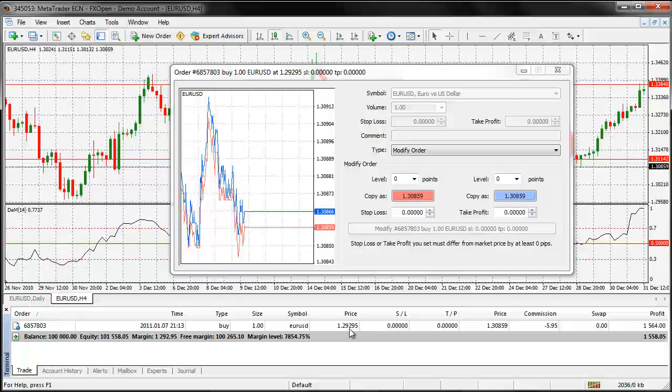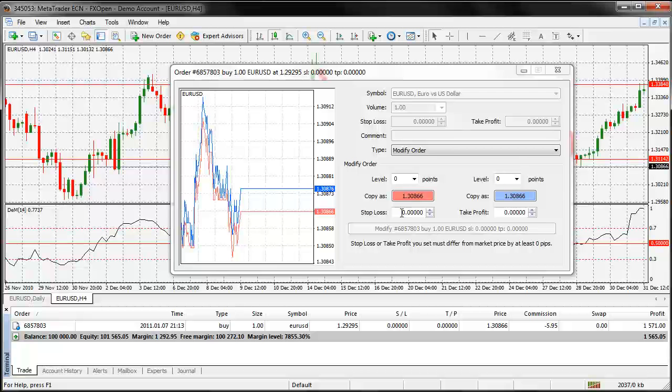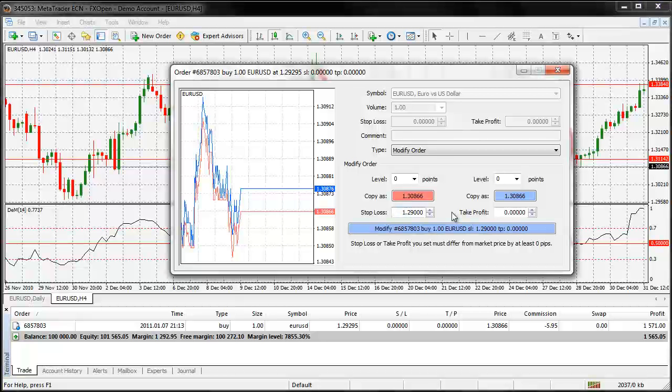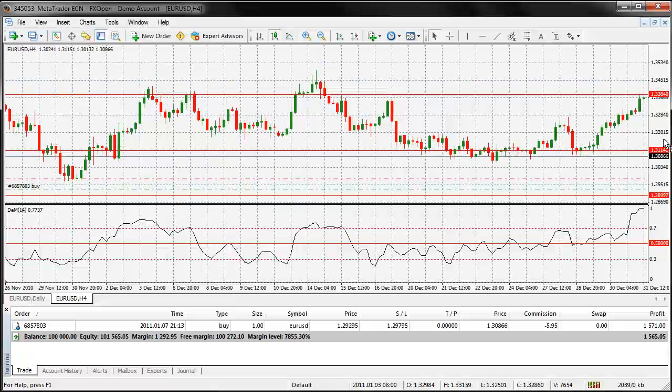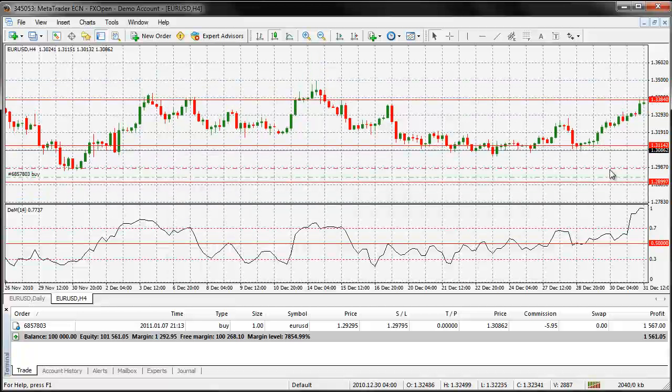So this 2 will turn into a 7, and that will be where my stop loss will be. So 1.29795 would be my stop loss area. Click on modify, and you can now see that my trade is booked in at 50 pips. And this is where I've got it in.